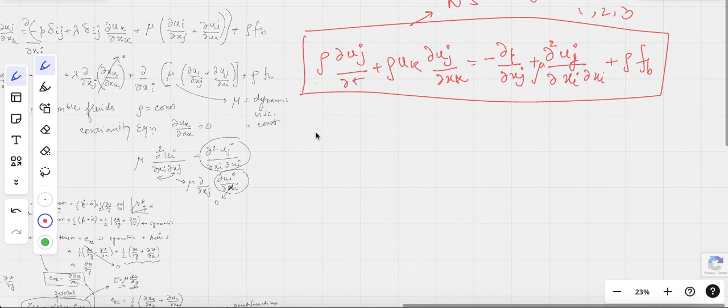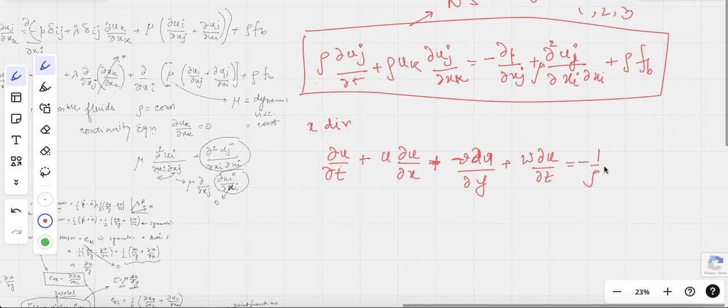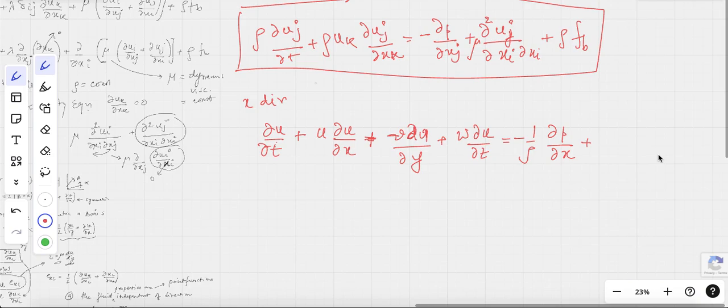So in x direction, it will be du by dt, where u1 is u, plus u du by dx plus v du by dy plus w du by dz, these are partial derivatives, right? Equals minus 1 by rho dp by dx plus mu.